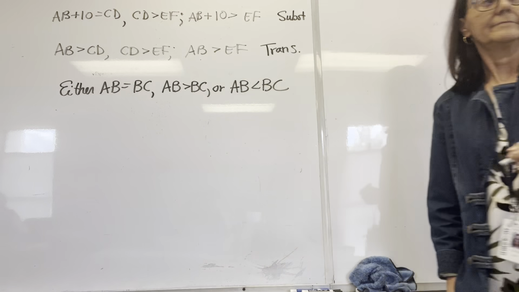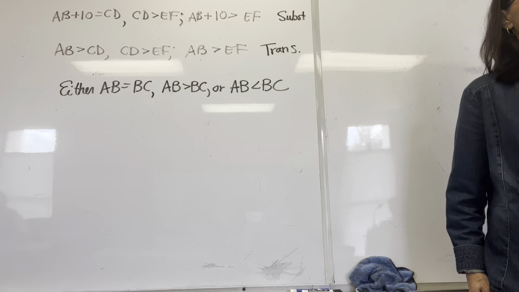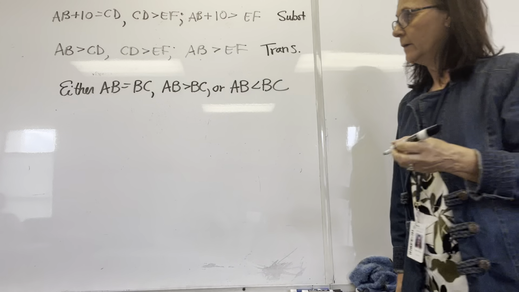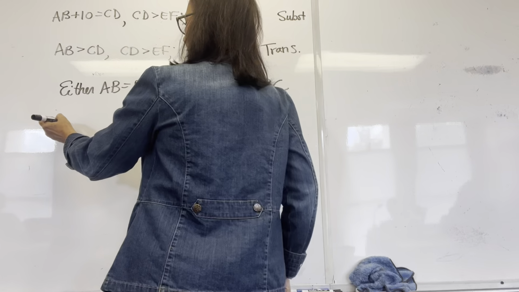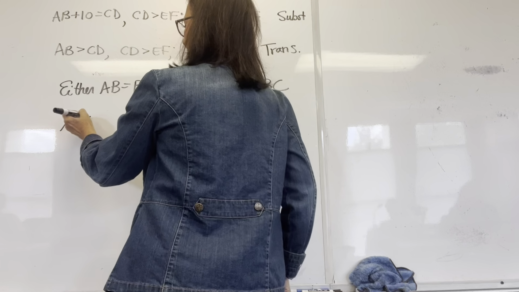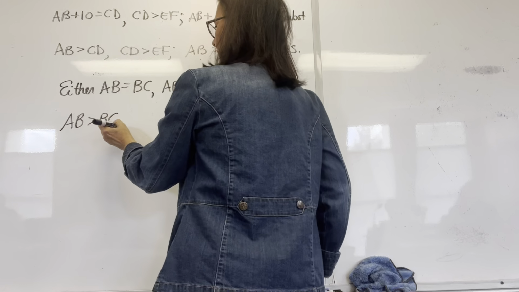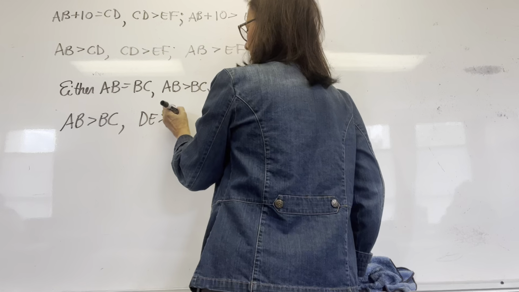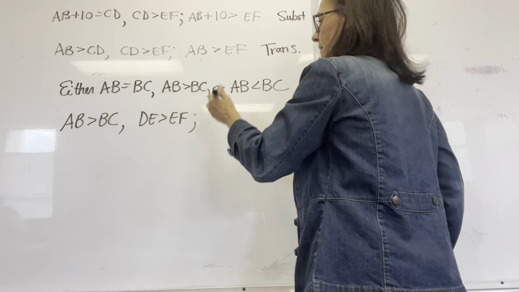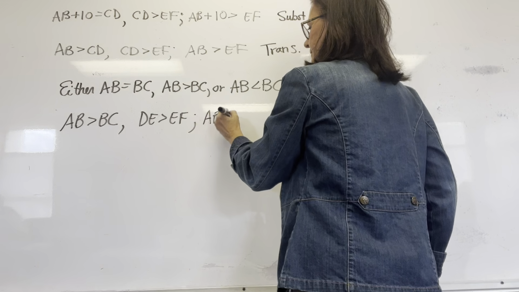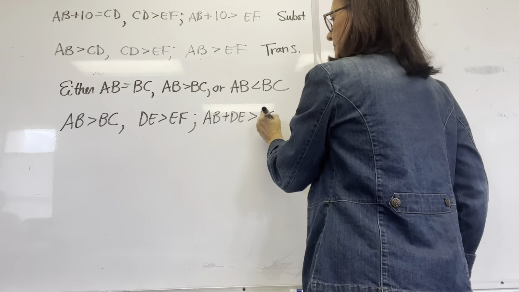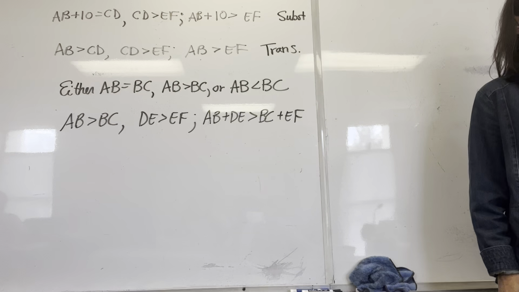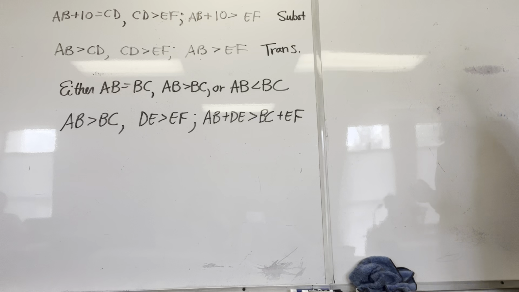What is that? Three possibilities property. Three possibilities. Got it? What is that? Addition theorem of inequality.